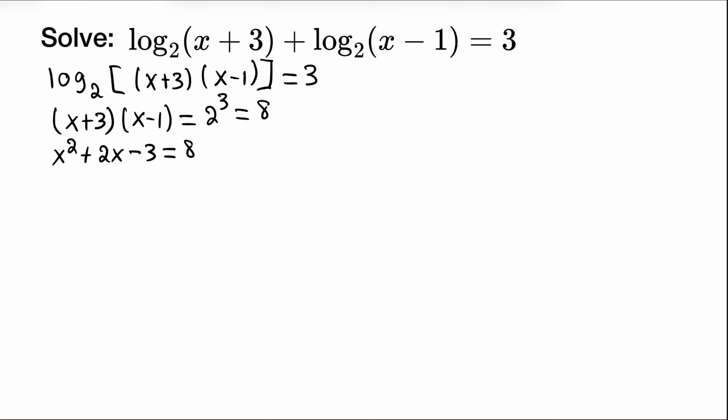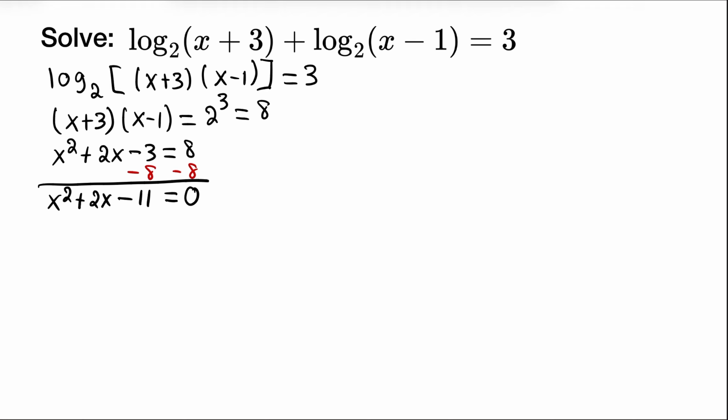All right, and now to get our quadratic equation, what we're going to do is move 8 to the left side. So we'll do that by subtracting 8 from the right and from the left. And so we get x squared plus 2x minus 11 equals 0.